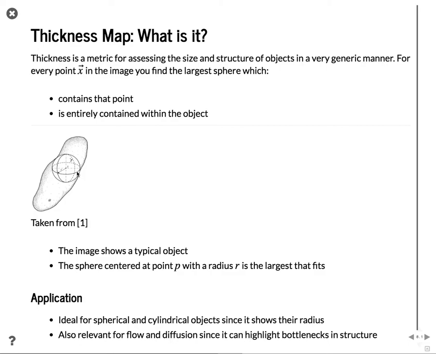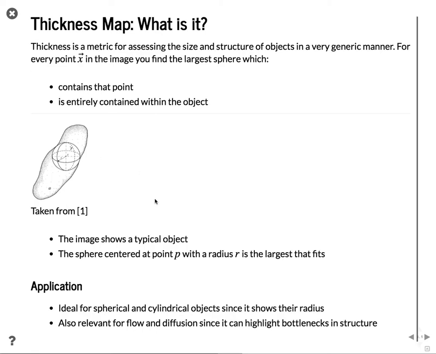And that doesn't correspond anymore to how far it is away from an edge. It corresponds to what is the largest sphere around it that it fits inside. And so this is obviously ideal for spherical or cylindrical objects because it shows their radius. This value no longer corresponds to a distance. This corresponds to a radius of the largest object that fits there.